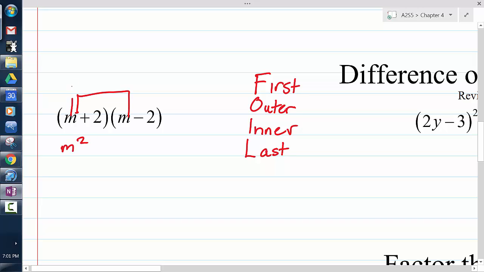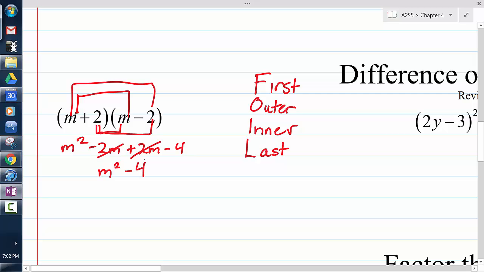Your outer, which gives you 2m. Inner, plus 2m. And your last, which is minus 4. Now notice that the middle terms cross out, and we're just left with m squared minus 4.